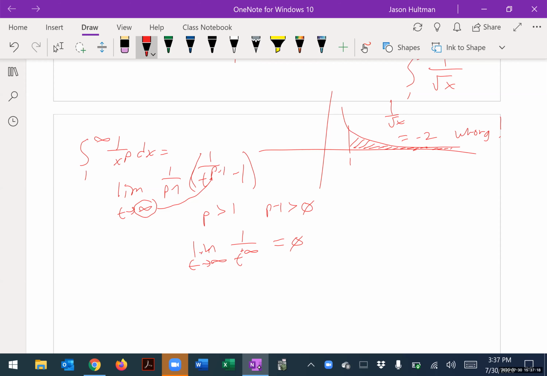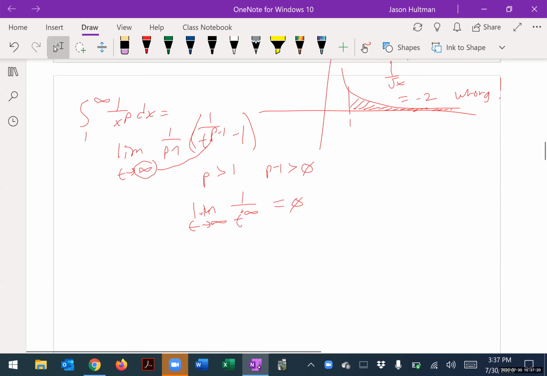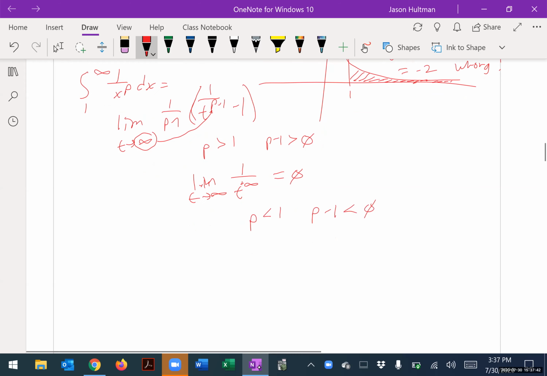The other thing though is what happens when p is smaller than 1. Then if p is less than 1, p minus 1 is a negative number.